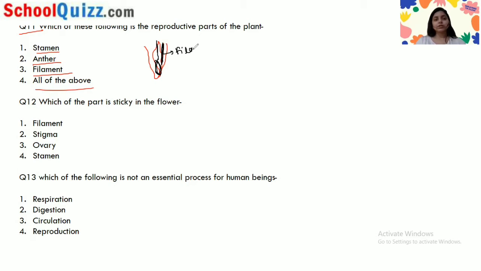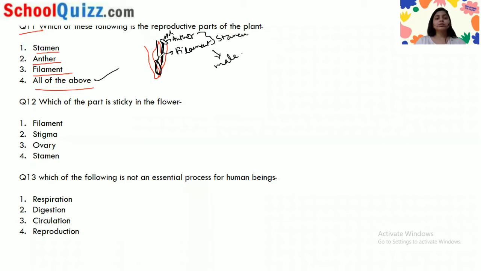Above this is an anther, and in the anther there are the pollen grains. Together it is called the stamen, and this is the male reproductive part of the plant. So we can say all of the above will be the answer.